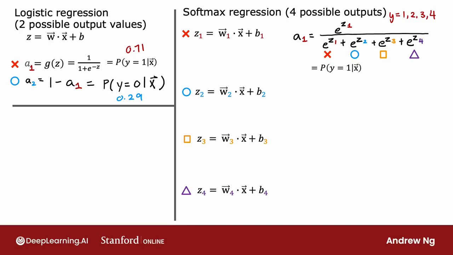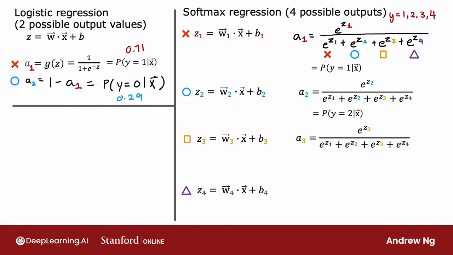Then the formula for softmax regression will compute A2 equals e to the z2 divided by the same denominator, e to the z1 plus e to the z2 plus e to the z3 plus e to the z4, and will interpret A2 as the algorithm's estimate of the chance that y is equal to 2 given the input features x. And similarly for A3, where here the numerator is now e to the z3 divided by the same denominator, that's the estimated chance of y being equal to 3, and similarly A4 takes on this expression.